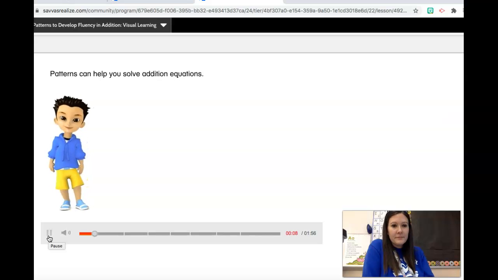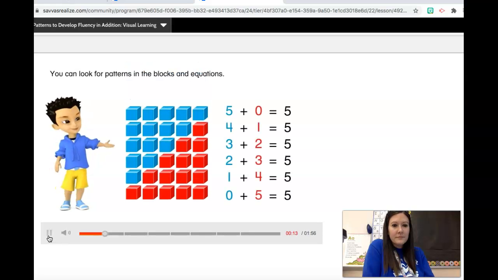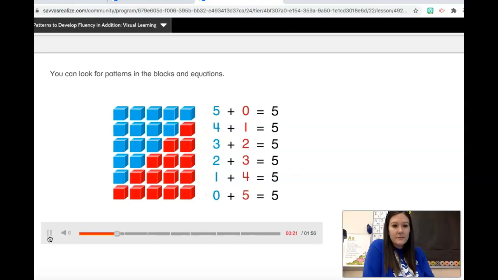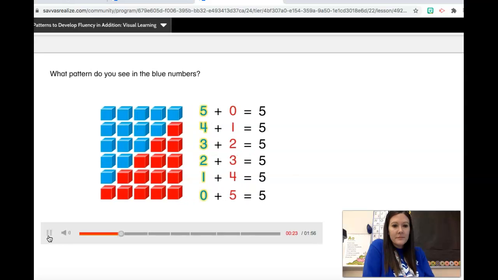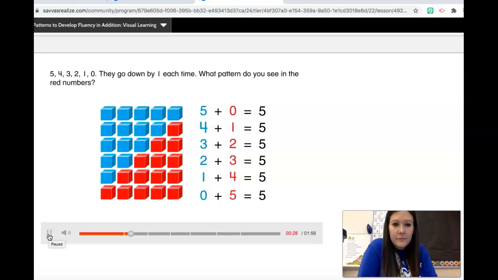Patterns can help you solve addition equations. You can look for patterns in the blocks and equations. I can use patterns to make 5. What pattern do you see in the blue numbers? In the blue numbers, 5, 4, 3, 2, 1, 0.